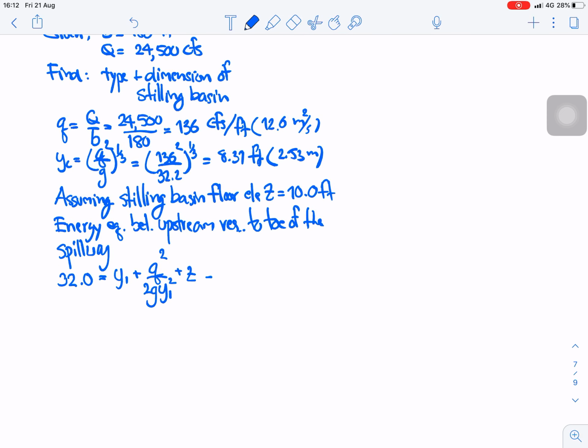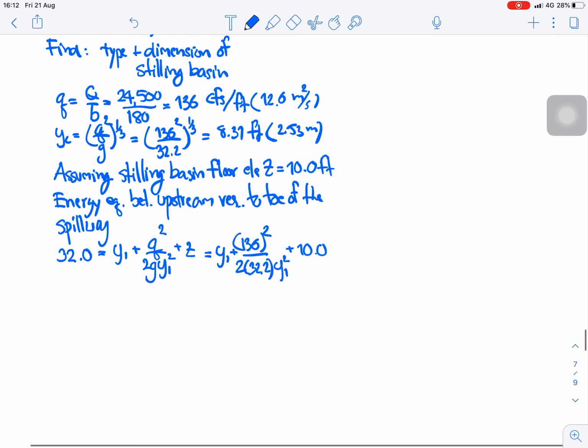We just substitute the numbers: y1 is unknown, q is 136, g is 32.2, and z is 10 feet.